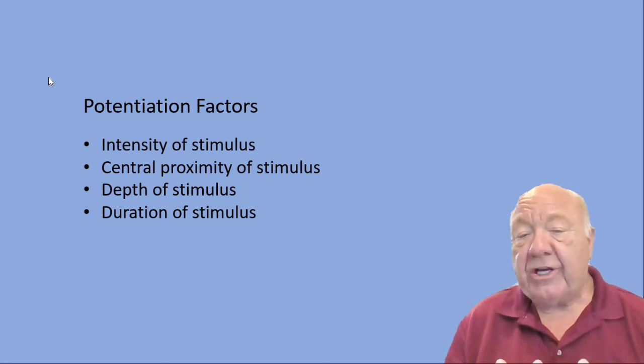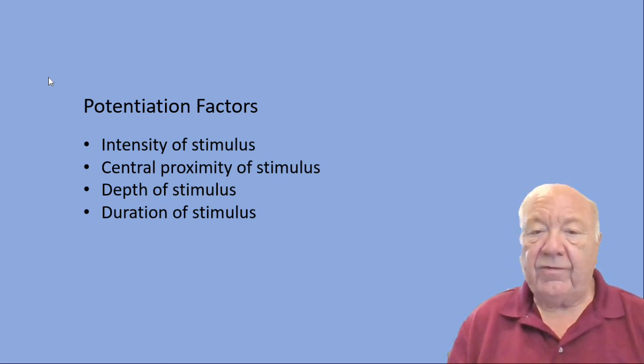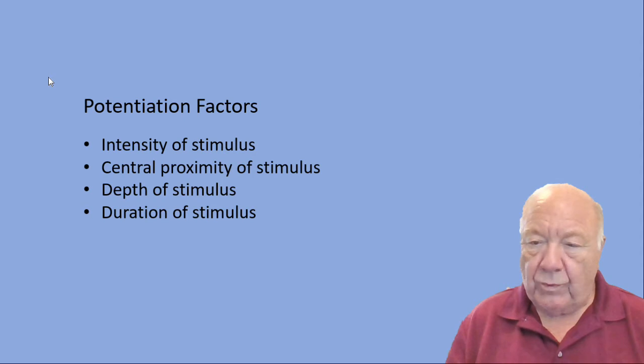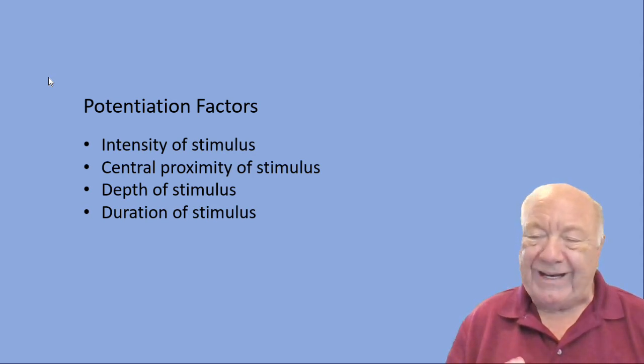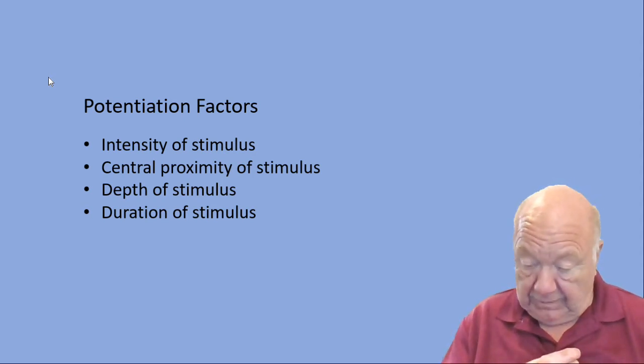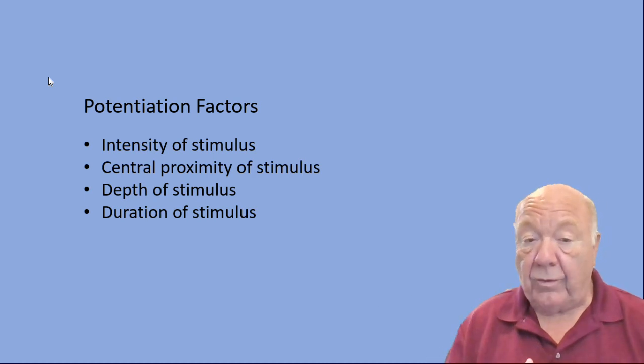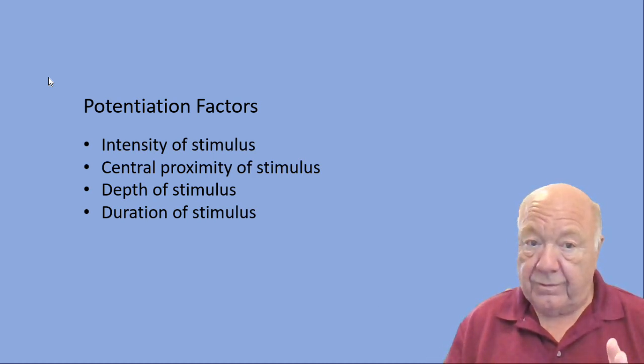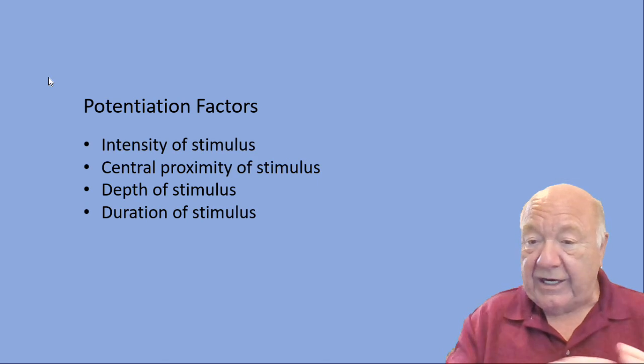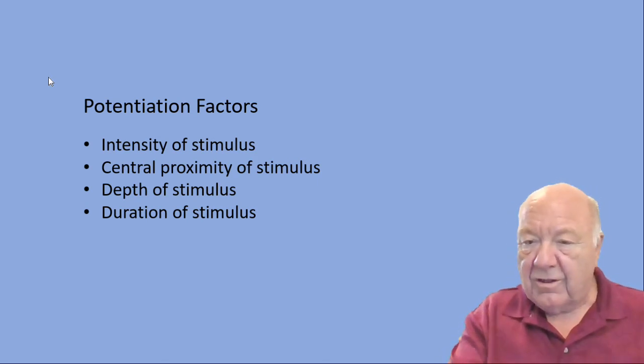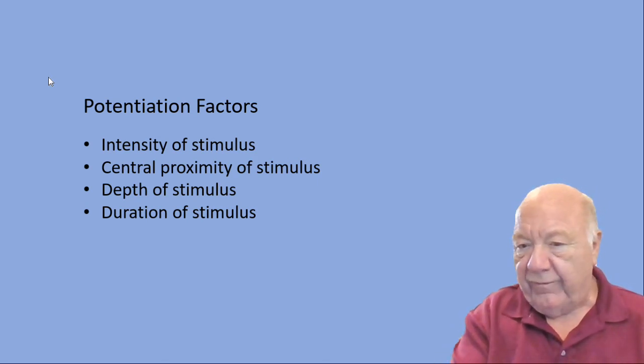So what potentiates referral? The intensity of the stimulus. The more painful this is, the more potential for intense pain and an extensive referral. The locality of the pain, and the closer it is to the spine, the more potential there is for referral also.